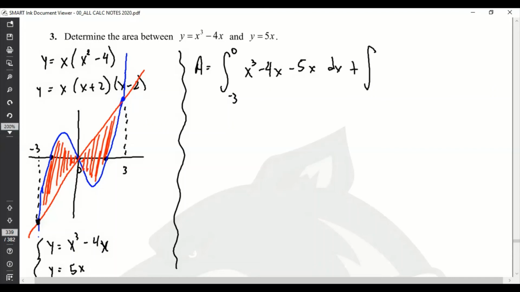We're going to add that to the integral from 0 to 3. For this interval, the straight line, the red line, the linear is above. So let's go 5x minus, now we need some brackets, x cubed minus 4x dx.